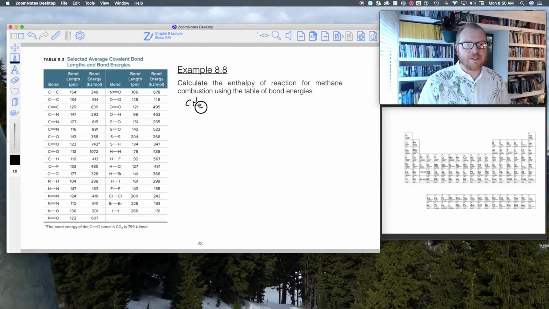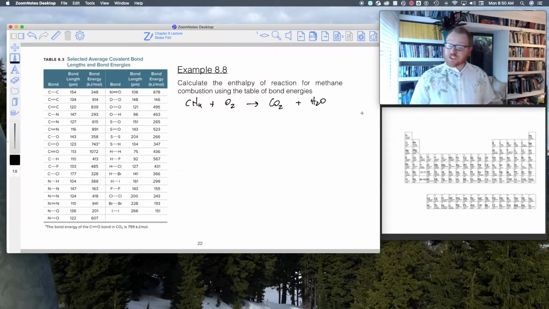Okay, so first let's get that reaction. CH4 plus O2 makes CO2 plus H2O. Additionally, when we do this way of calculating delta H, we have to get the right Lewis structures. Okay, so let's do that.